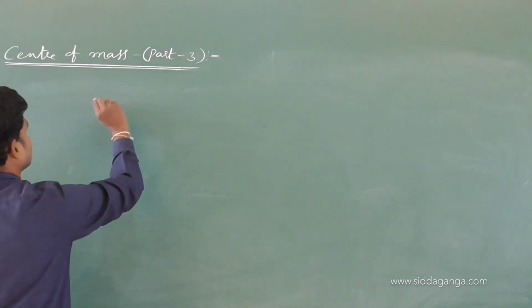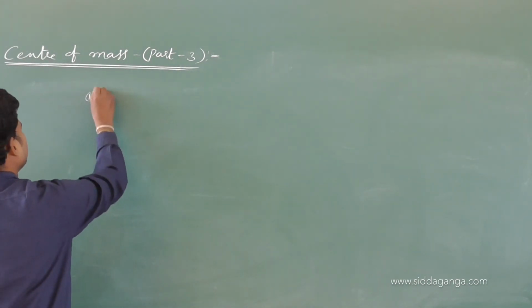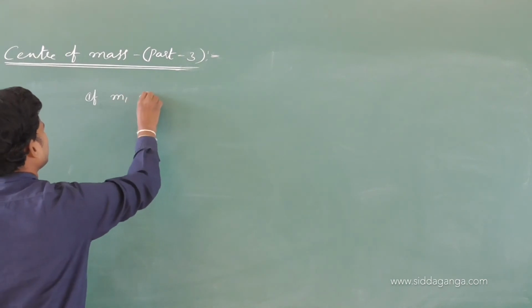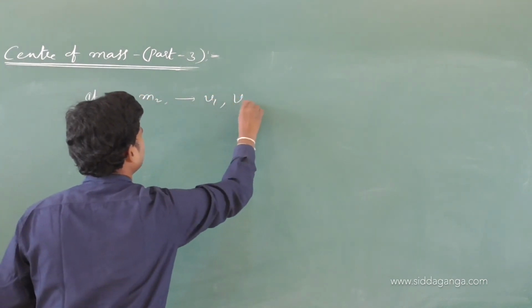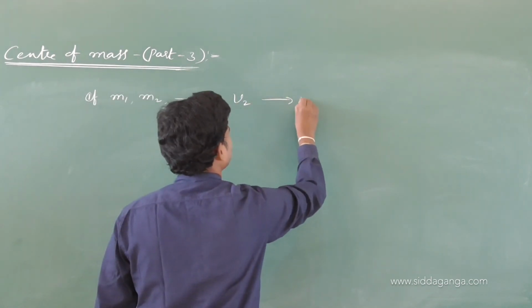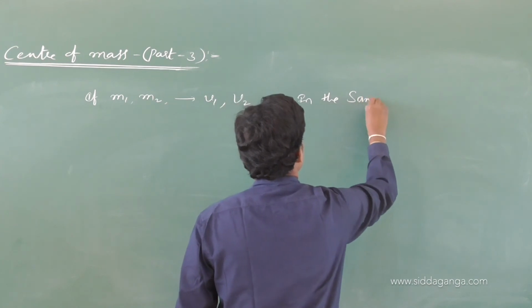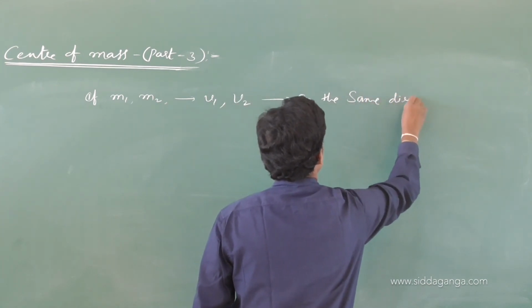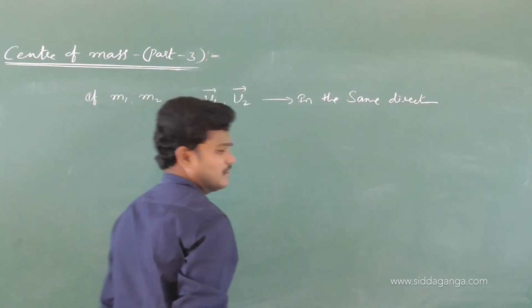Let us suppose in some problems, two particles m1 and m2 are moving with velocities v1 and v2 in the same direction. If they are given in vector form, you take vectors.